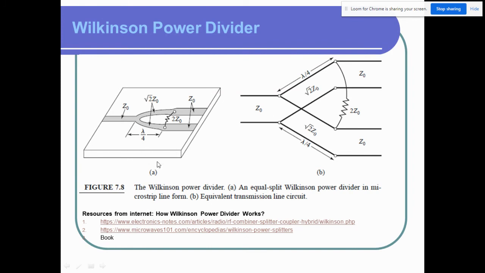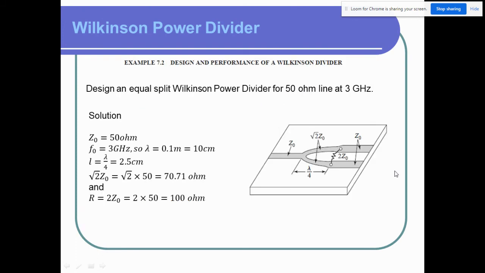So if we want to design something like this, let us do an example and we'll find out how we can design this. Now, there is a design example 37.2 in the David Pozar book.